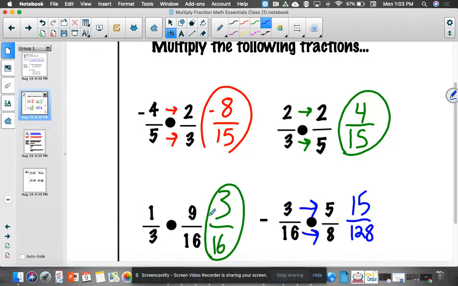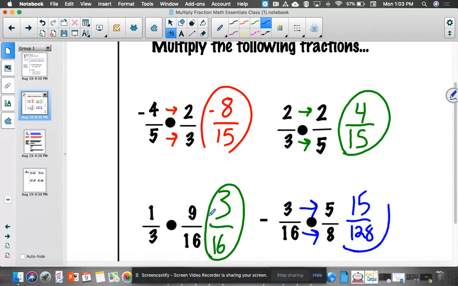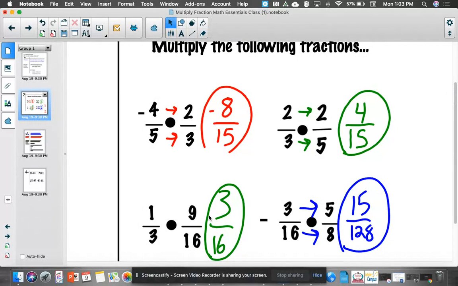So here we have 1, 3, 5, and 15 as factors. I know 3 doesn't go into 128. I know 5 doesn't, and I know 15 doesn't. So therefore, our answer is 15 over 128 because it cannot be reduced.